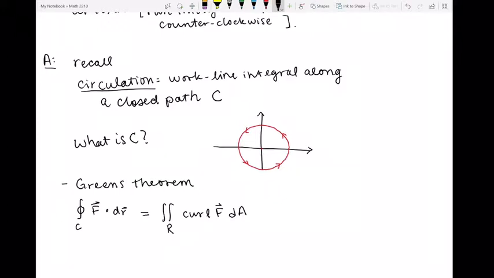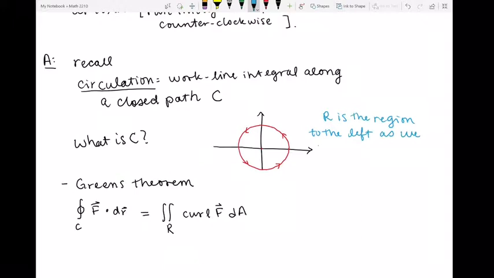All right, so this region R is actually the region to the left as we move through C.